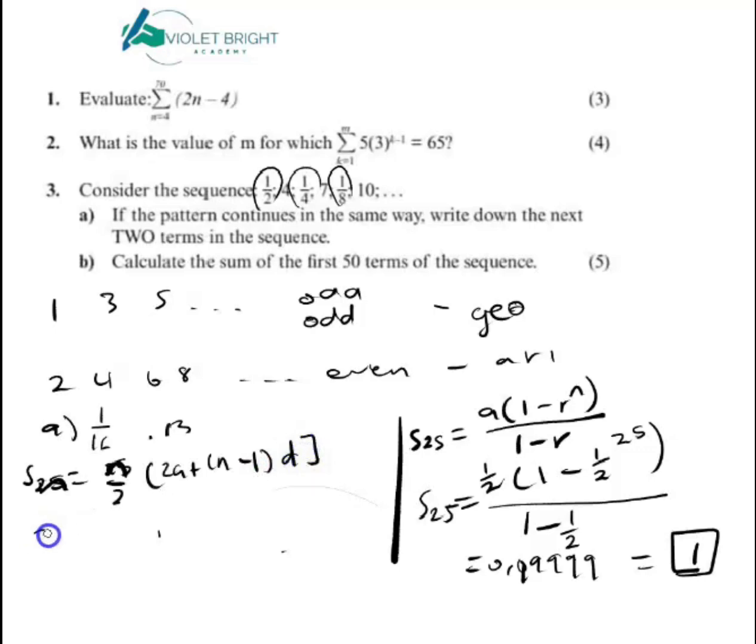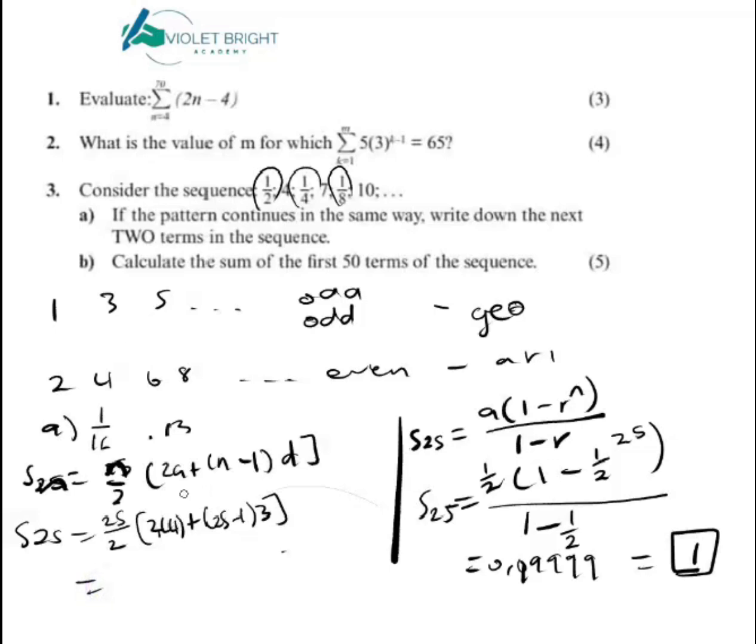So here we have 25 over 2 into 4. Remember that we're looking only at the even-numbered terms here, which is the arithmetic sequence. The first term is 4, second term is 7, third term is 10, plus 25 minus 1 into 3.